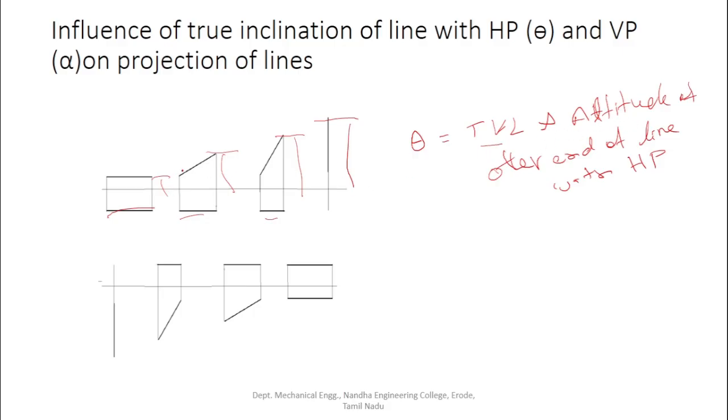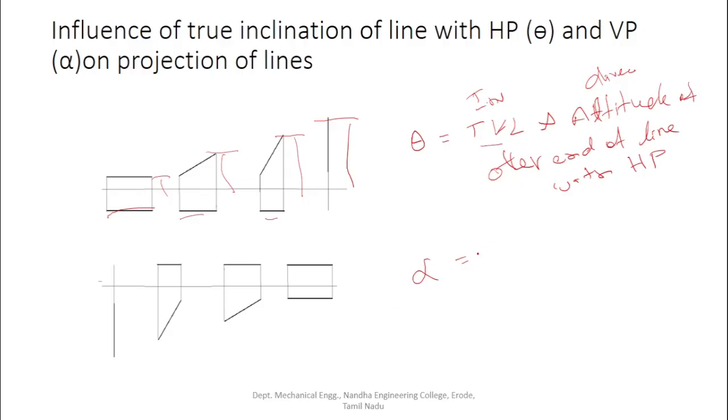So one end is fixed, the other end is the rotating end. So theta increases, top view length decreases. This is inversely proportional, this is directly proportional. Then what is the influence of alpha? Alpha is the true inclination of the line with the VP.